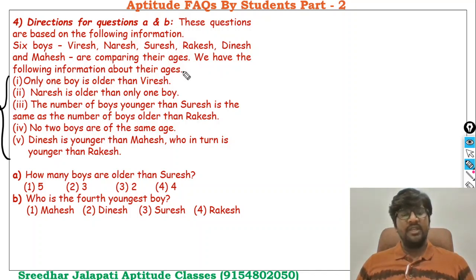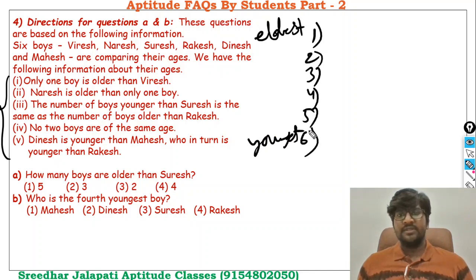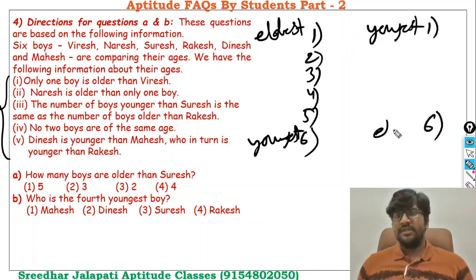As we are comparing their ages, you can answer this question in 2 ways. One, you can give the first rank to the eldest person, then second, third, fourth, fifth, and sixth you can give to the youngest. This is one way of doing it. Or in reverse, you can give the youngest the first rank and then the eldest the 6th rank.